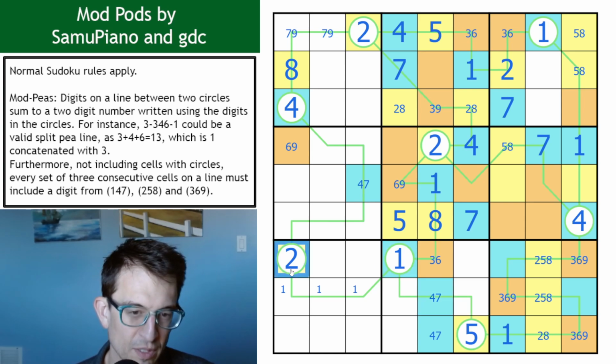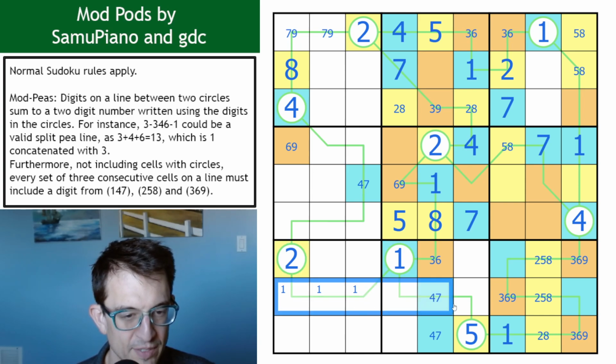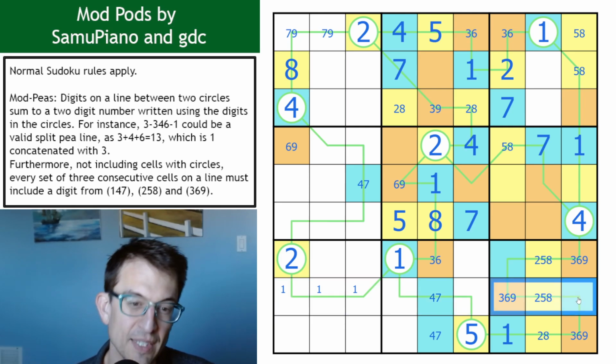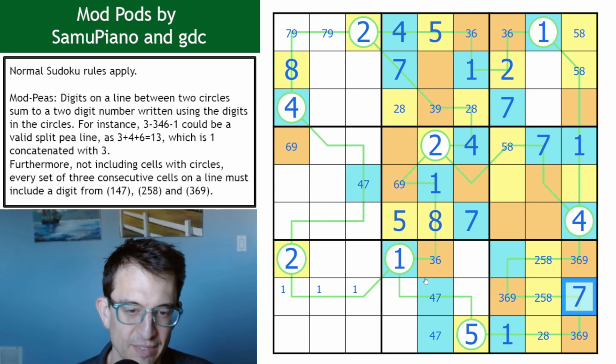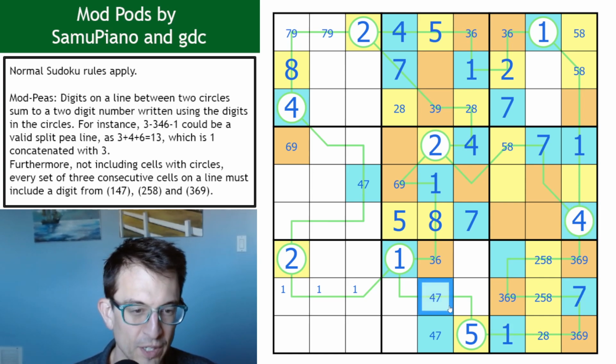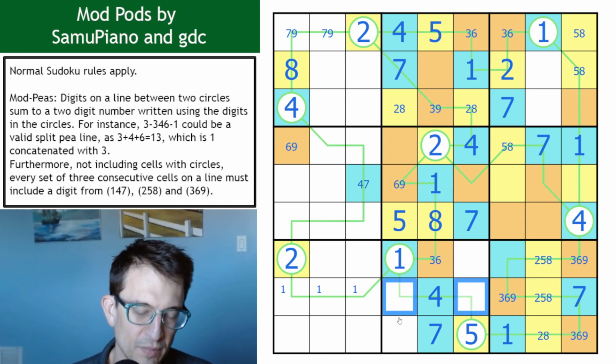What about this one? So this could be 12 or 21. If it's 12, these add up to 27, which means these add up to 18, which seems fine. Oh, that's a 7, actually. There, let's do some Sudoku on colors. So that's a 7 because it sees 4 and 1. So that's a 4. These now add up to 11.